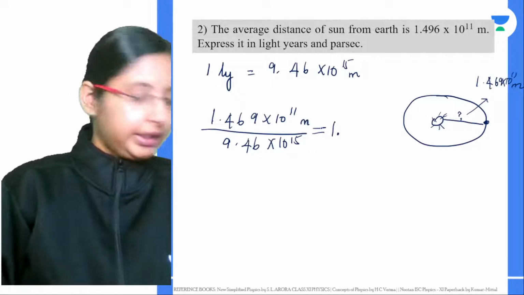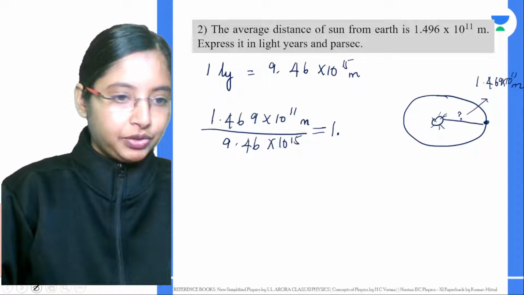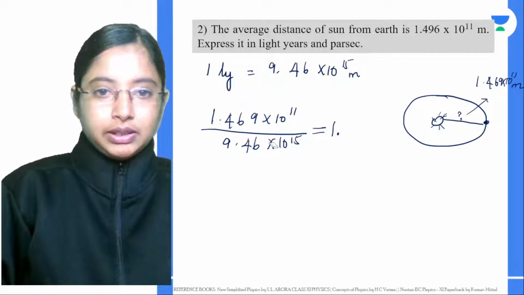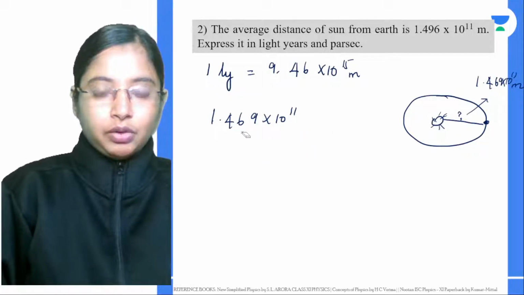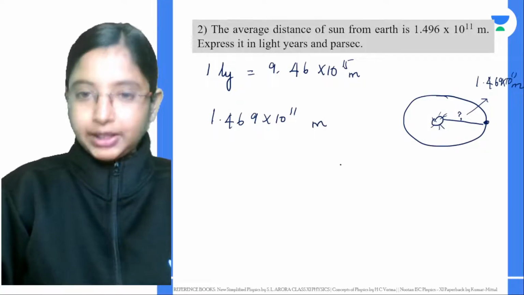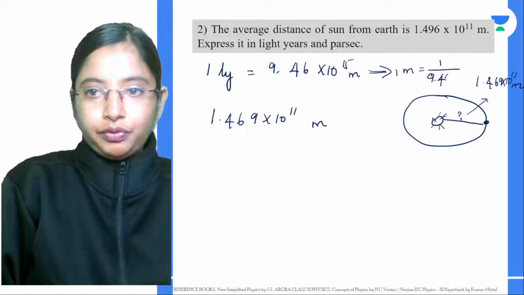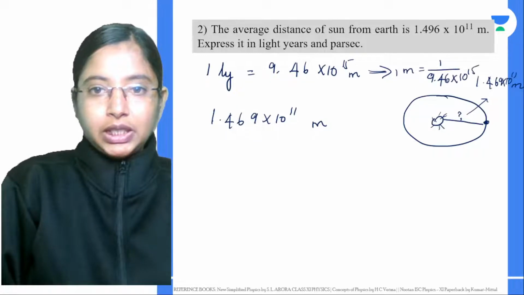Here, this equation is very simple. This question gives 1.469 into 10 to the power of 11 meters. From this we can find 1 meter is basically 1 by 9.46 into 10 to the power of 15 light years.